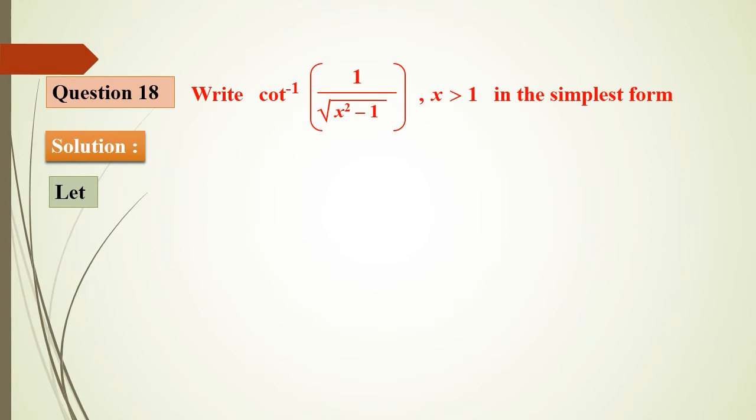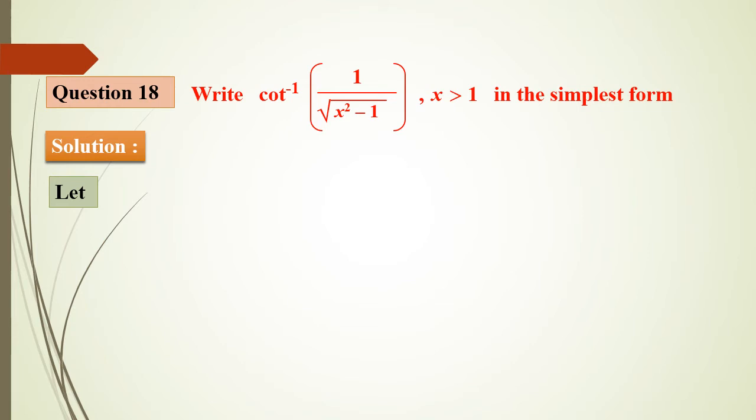Whenever the term x square minus 1 comes within a square root or without the square root, some trigonometric function substitution is required in the place of x; that is called a standard substitution. If you find such terms in trigonometry, differentiation or integration, don't forget to substitute x equal to sec theta.